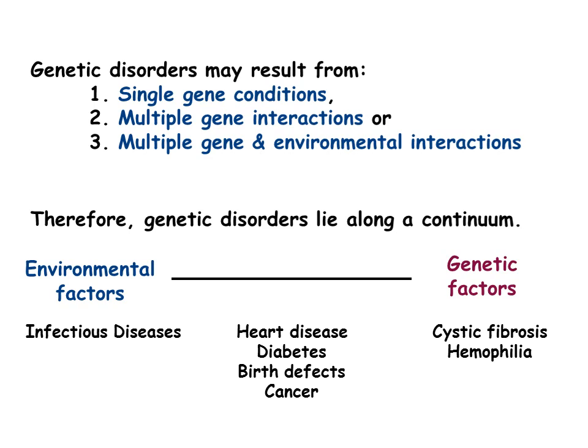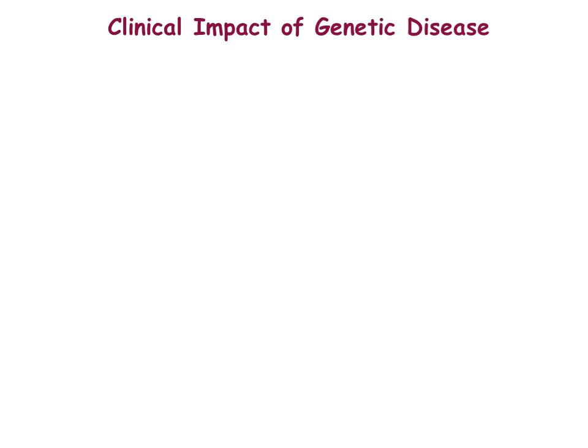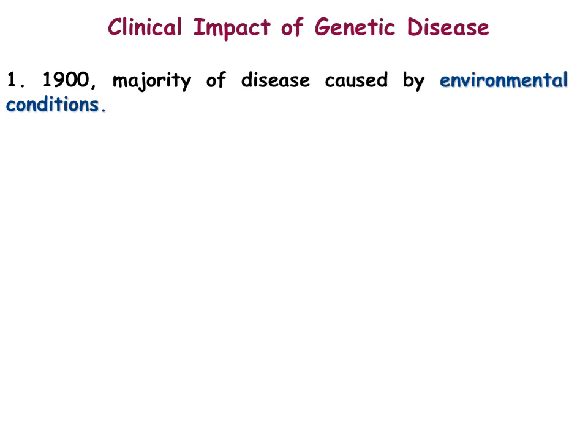Why haven't we solved all of these and know how best to treat them? Because genetic factors and environmental factors both contribute to the development of the more common disorders. So let's think about the clinical impact of genetic disease again. In 1900, the majority of the diseases were caused by environmental conditions.